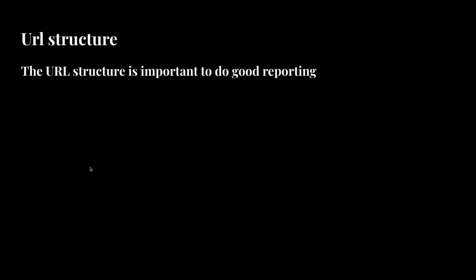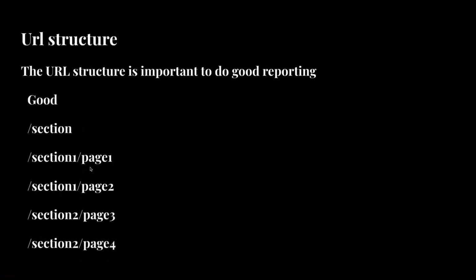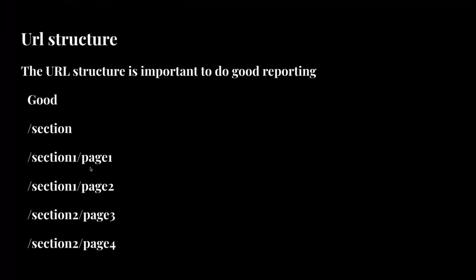Another thing that I often see, and some CMS systems are really terrible here. So a good URL structure looks something like this. You have maybe URLs following your menu structure or other types of categories, and you have a clear structure in your URLs.